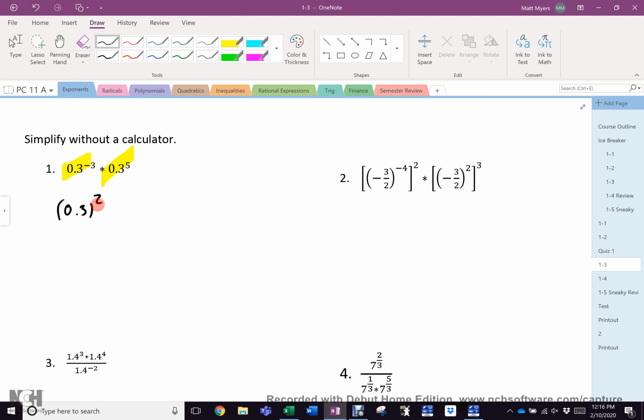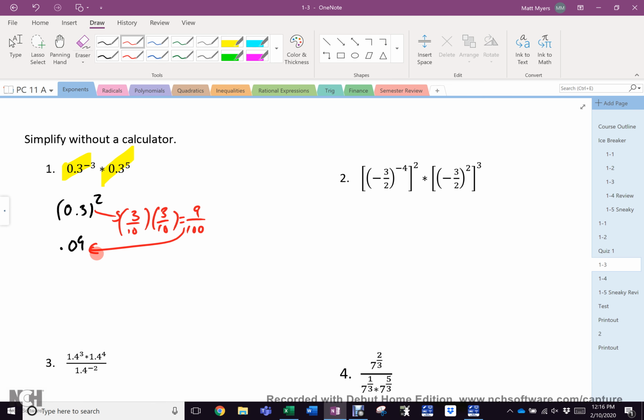As I hear tick, tick, tick, tick. What's the answer? No, it's not 0.9. It's 0.09. Because, of course, this is 3 over 10 times 3 over 10, which is 9 over 100, which is 0.09. Right?